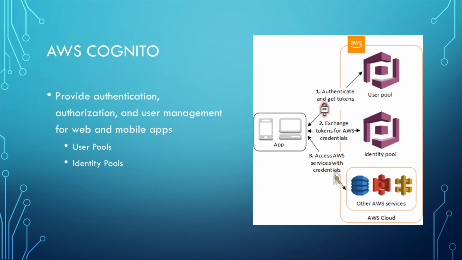Usually when we build with the IAM role, we integrate with AWS Cognito. It provides authentication, authorization, and user management for web and mobile apps. It has 2 pools. One is user pools and the other is identity pools. Usually they can be the same or can be separate.